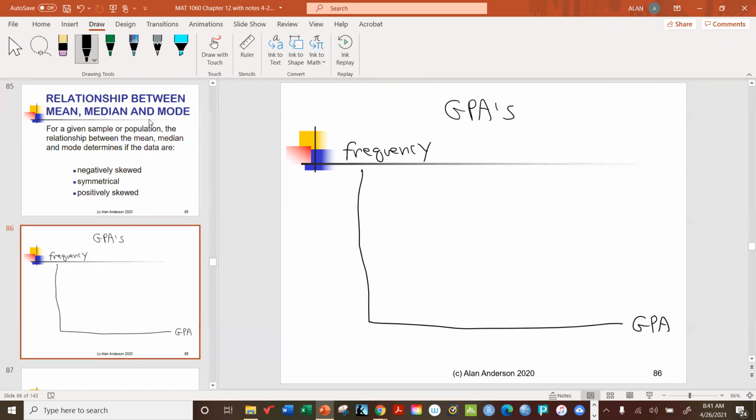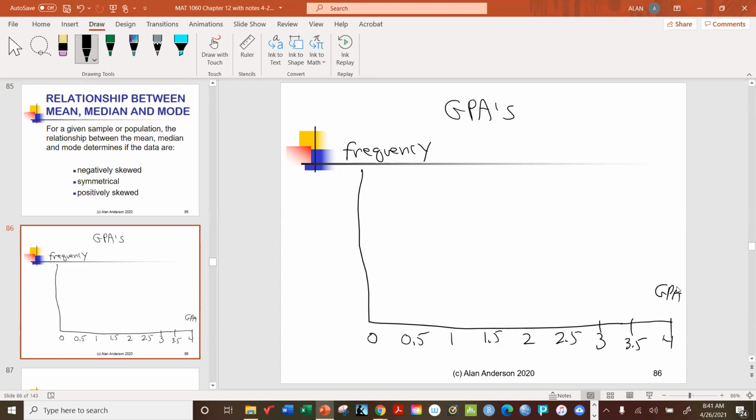Suppose I break up the GPAs into ranges: 0 to 0.5, to 1, 1.5, 2, 3, 3.5, and 4. Okay, so these are GPAs.